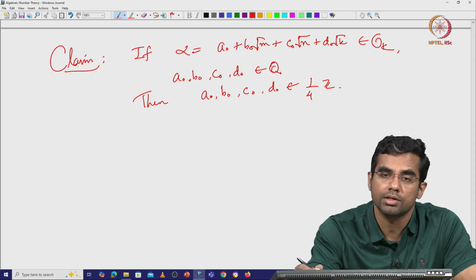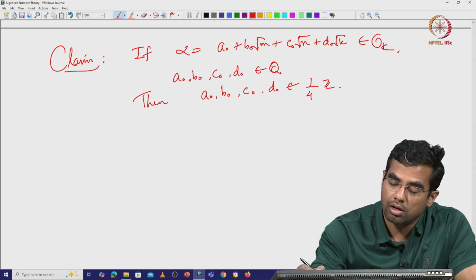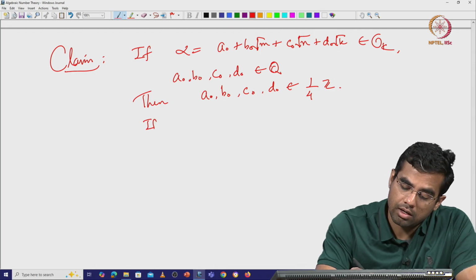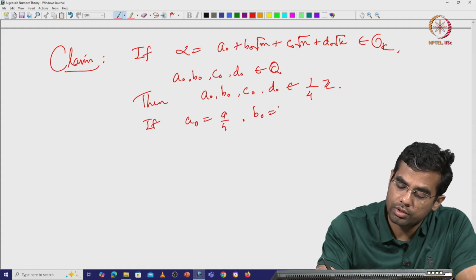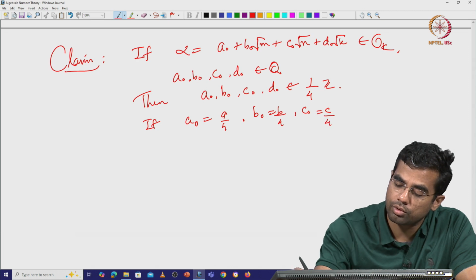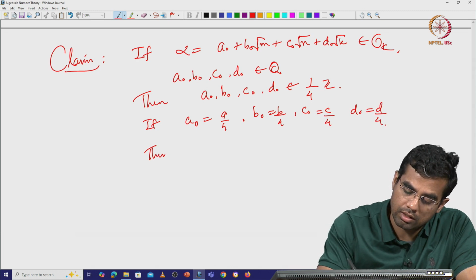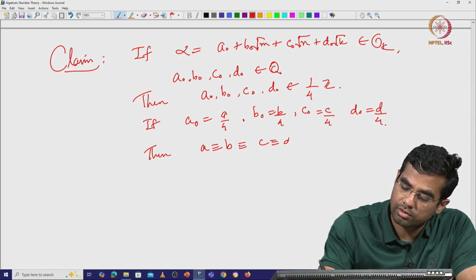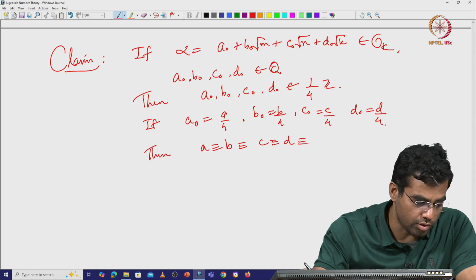So the denominator is at most a divisor of 4, and if a0 is a/4, b0 is b/4, c0 is c/4, d0 is d/4, then a is congruent to b, is congruent to c, is congruent to d, mod 2.